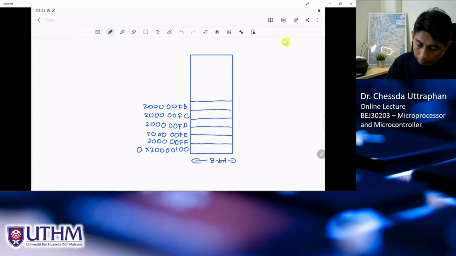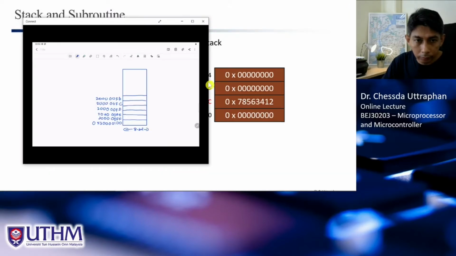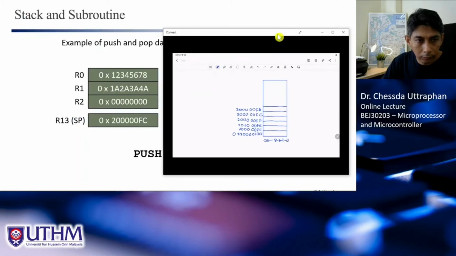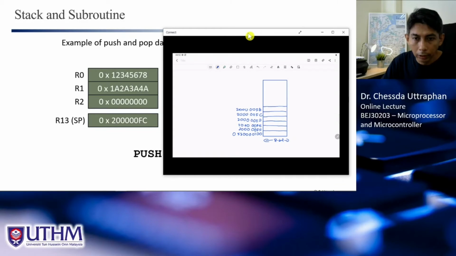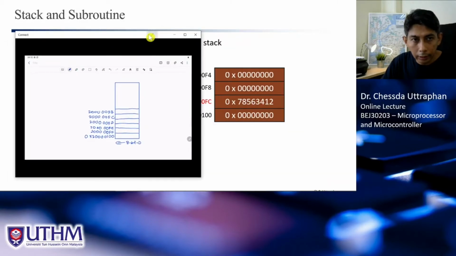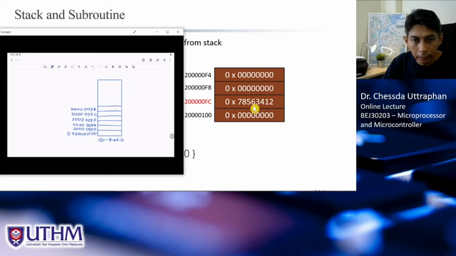So address 0 will be at the top here. Okay, so the data is this, 1, 2, 3, 4, 5, 6, 7, 8. In this case, it is drawn in 32-bit.